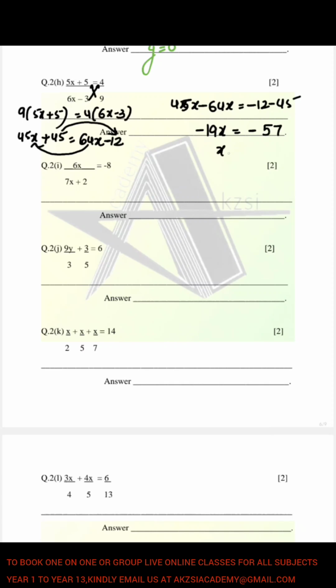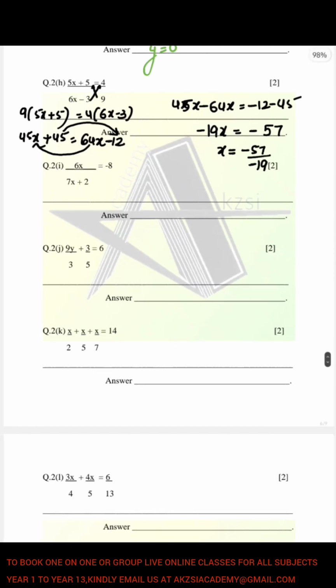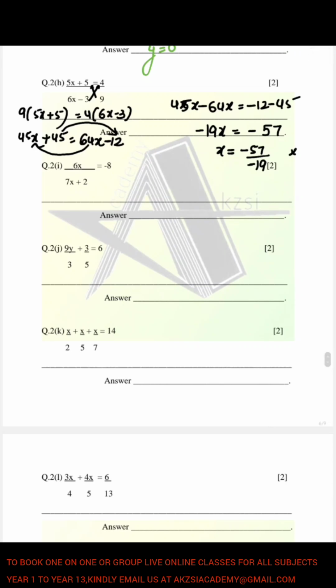And x equals, dividing both the sides by negative 19, minus 57 over minus 19, which is x equals finally 57 over 19, which is 3. So here x is 3.